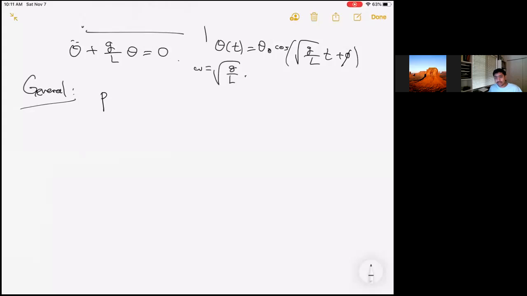Then the restoring force should be proportional to p. When you take p to be small, you can usually write the restoring force as minus kp for some constant k. And then by your F equals ma equation, you get something like this. And this will give you some more harmonic motion.